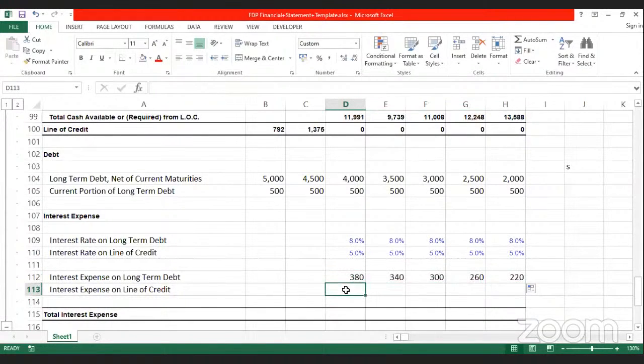When we talk about interest on the line of credit, we have assumed that it will be 5%.